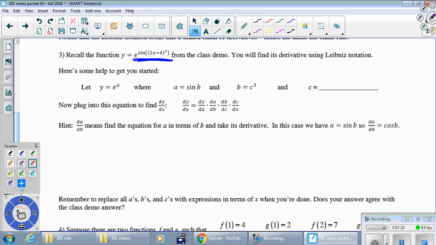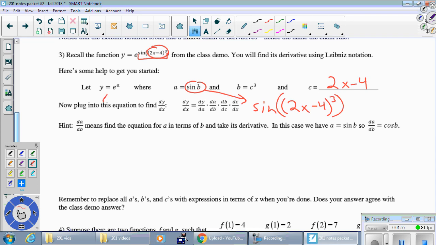The innermost function in this underlined thing is that 2x minus 4. And so would you agree that if I let c equal 2x minus 4, then c cubed is 2x minus 4 cubed, which is part of this original function. And then if you like that, then you would say that sine of b is sine of the thing that we just wrote over there, 2x minus 4 to the third, which is an even bigger part of this.